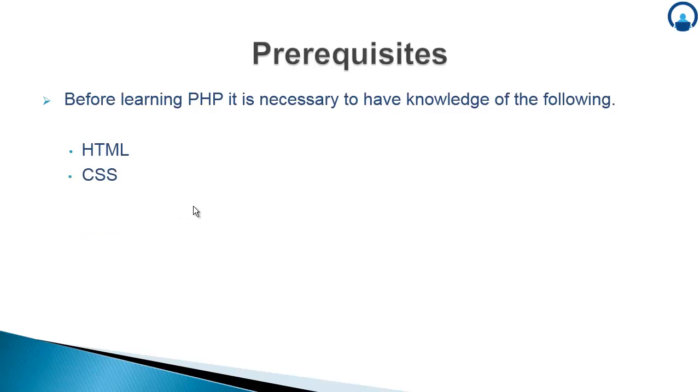You need to have a basic idea of HTML, CSS, as well as JavaScript. JavaScript is nothing but the client-side scripting language. It is a scripting language which the user uses for client-side programming, that is whatever operation or functionality you want to perform on the client computer, JavaScript is being used.